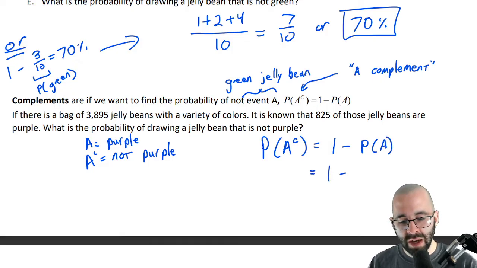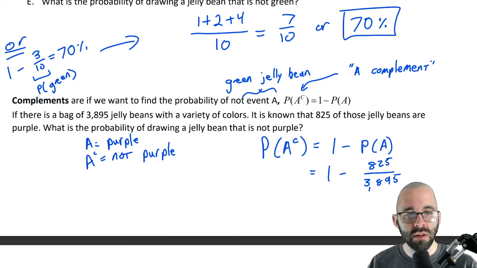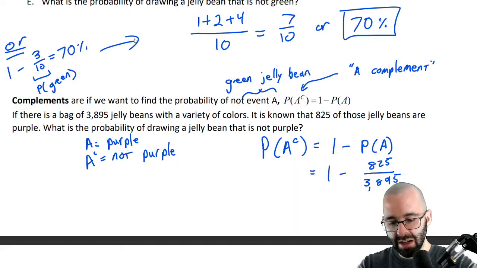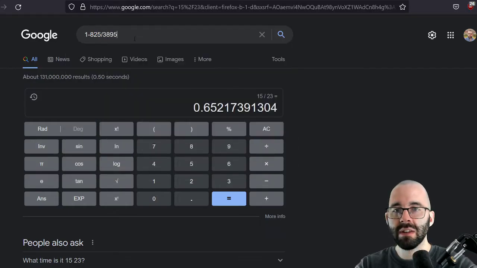Just 1 minus, well, 825 are purple out of 3,895 total. And you can type this into a calculator. You can do it in steps. You can do it all at once. I don't have much of a preference, but 1 minus 825 divided by 3895.